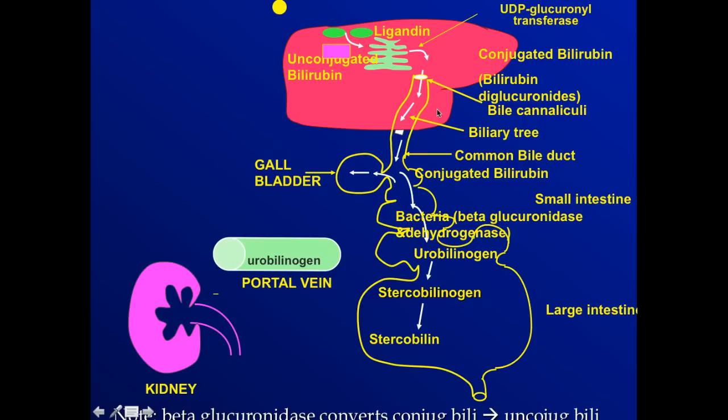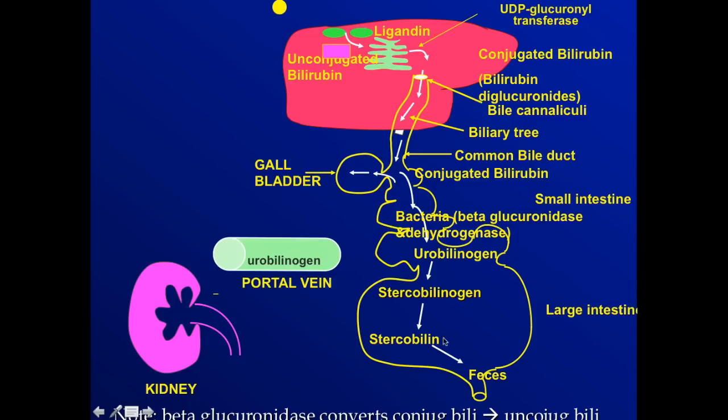So from your conjugated bilirubin converted to urobilinogen, this happens in the intestine, and then in the large intestine, it will be converted to stercobilin. This is the pigment that will color your feces brownish yellow. So that's how your bilirubin is going to be excreted.